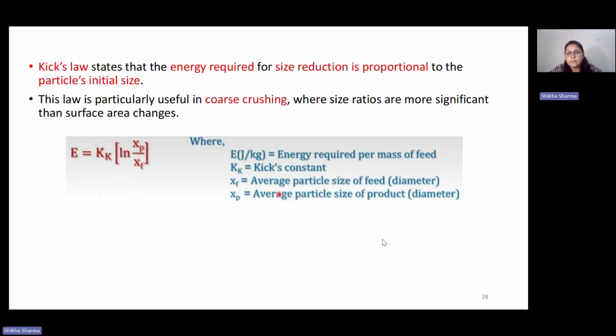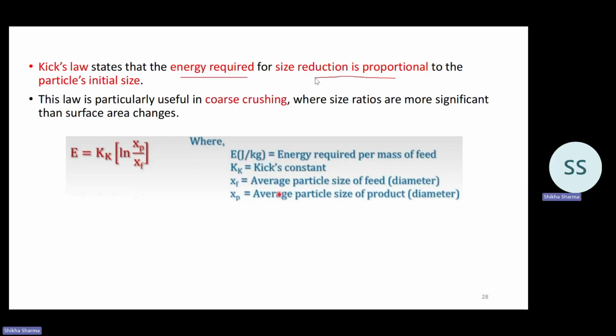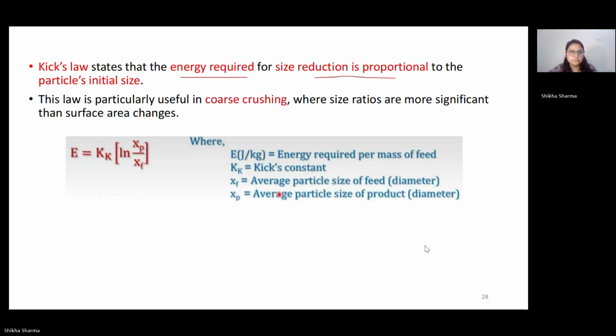Okay, let's see Kick's law. Kick's law basically states that the energy required for size reduction is proportional to the particle's initial size. This law is particularly useful in coarse grinding or coarse crushing of particles, where size ratios are more significant than surface area changes.